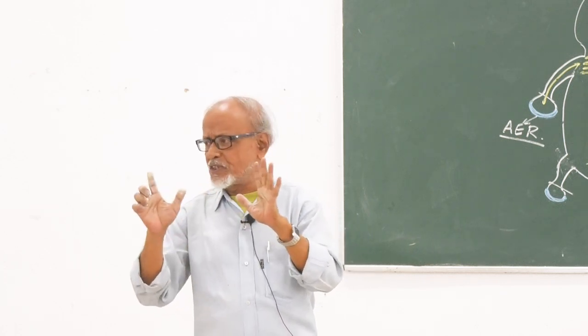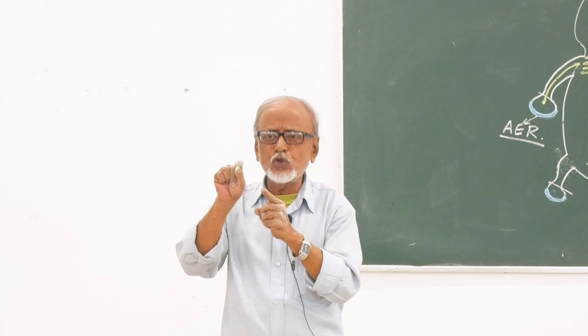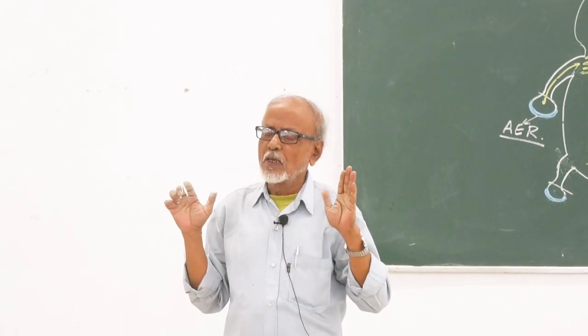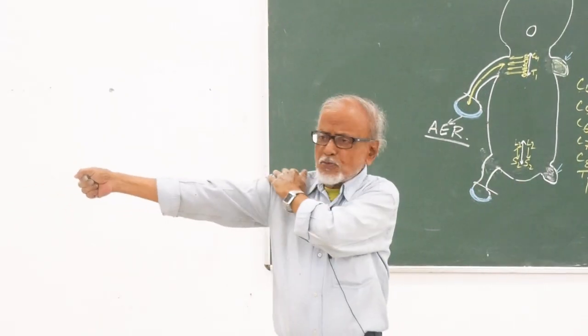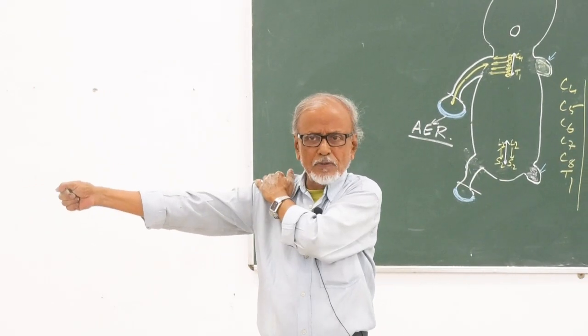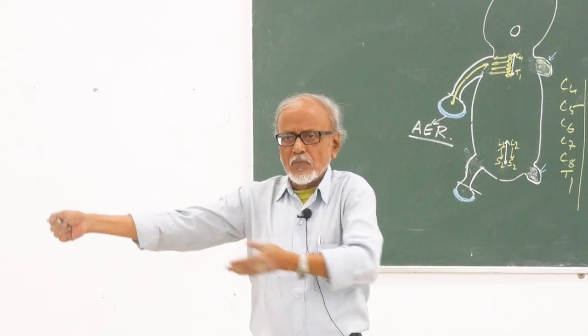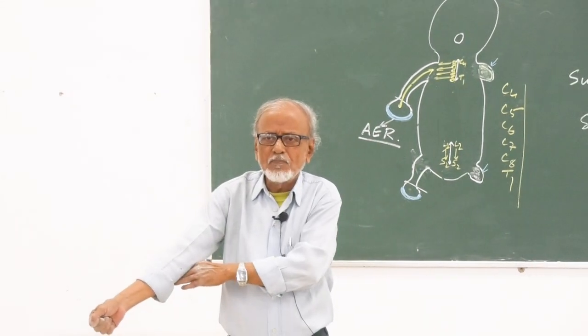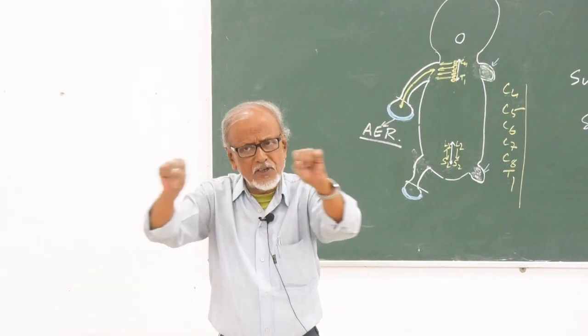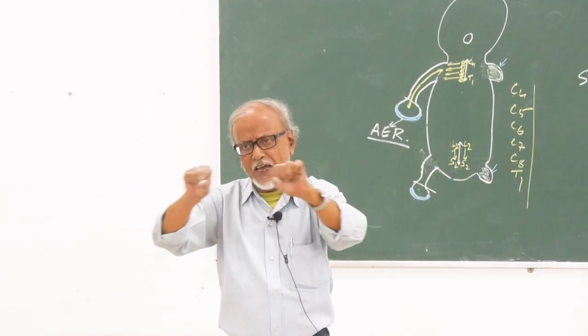But to understand the names you have to start from the beginning. This border is closer to the head, the cranial border, and this is the caudal border. Each of the limb parts has got a central axis.